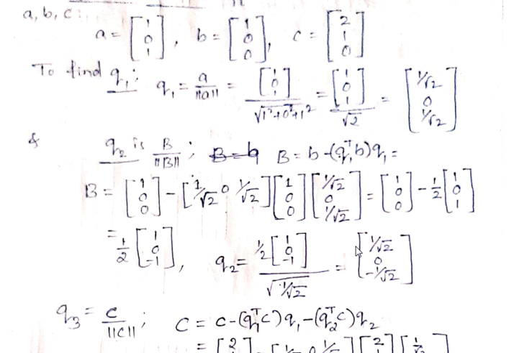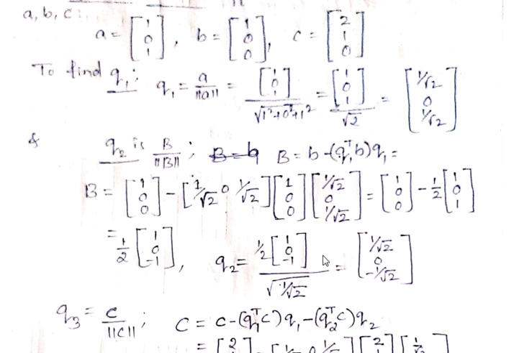The magnitude of this much will be 1 divided by root 2, because when we go for finding the magnitude of this one, we'll get 1 by root 2. Sorry, it should not be there. It is 1 by root 2 itself. So this 1 by root 2 will be at the numerator, and again it will change this one to 1 by root 2, 0 minus 1 by root 2.